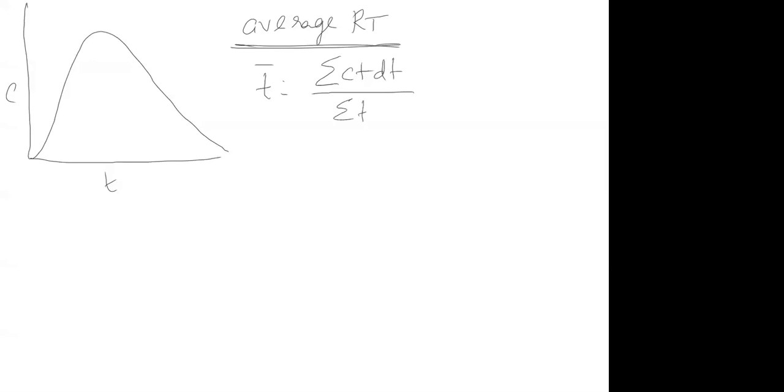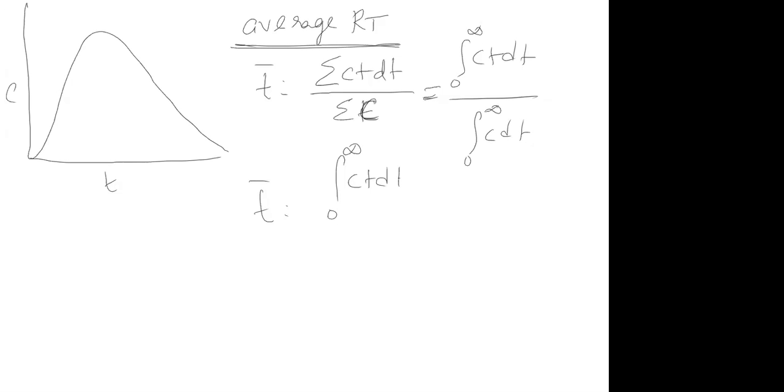It is the cumulative time spent by all the particles inside the reactor, divided by the number of particles, sigma C. So in integral form, T bar is integral 0 to infinity of Ct dt divided by integral 0 to infinity of C dt.